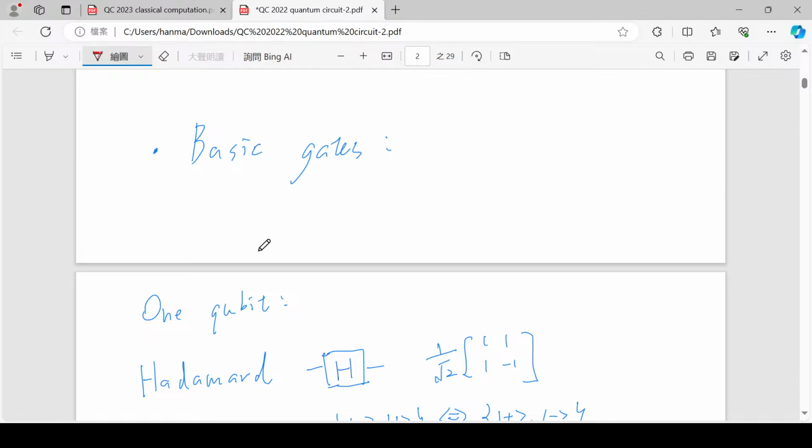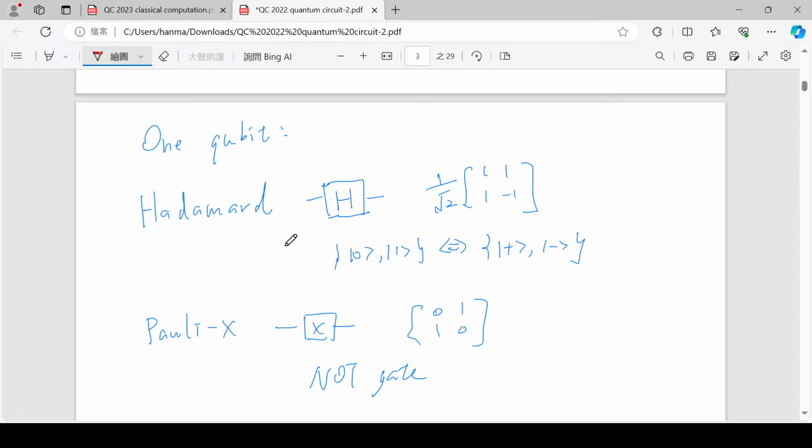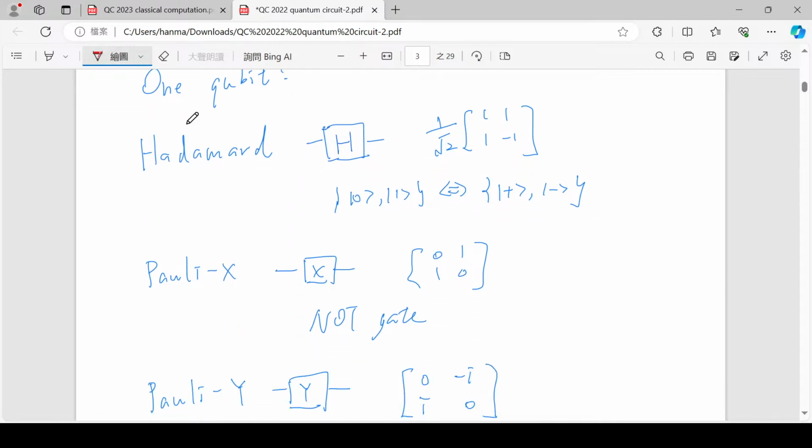In quantum we also like some basic gates, and we have seen most of them already. The first of them is the Hadamard gate. Remember, it's a gate switching the X basis and the Z basis. Hadamard applied on the 0 state or 1 state becomes the plus state and minus state, and applied on plus or minus it becomes 0 or 1, and it has this matrix.